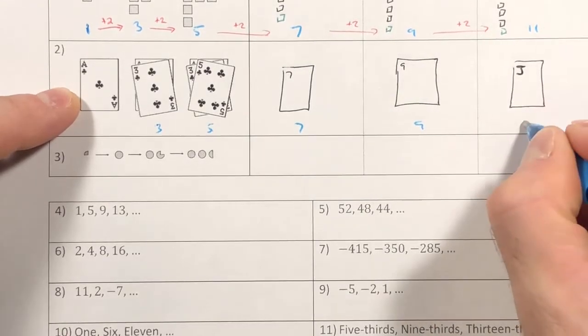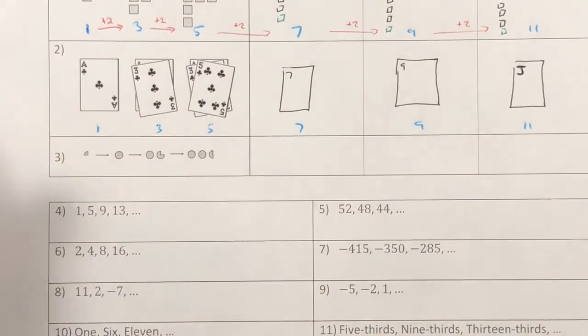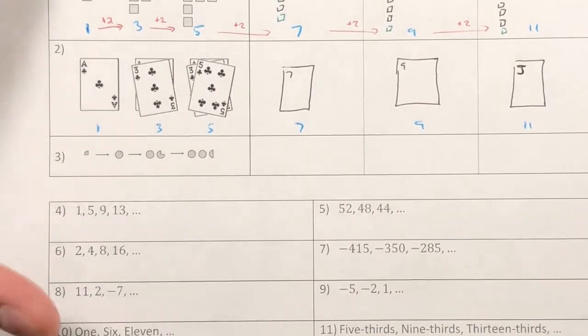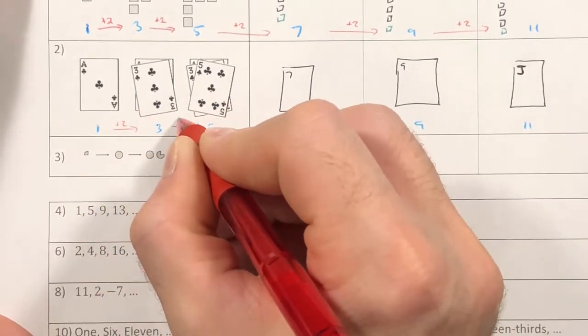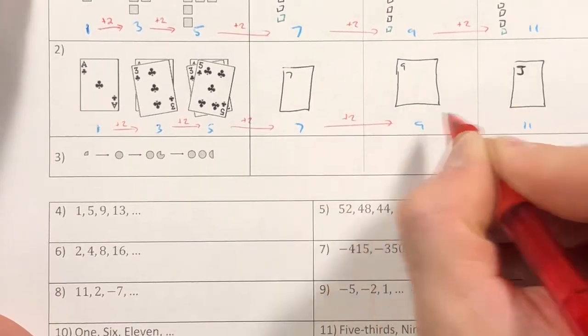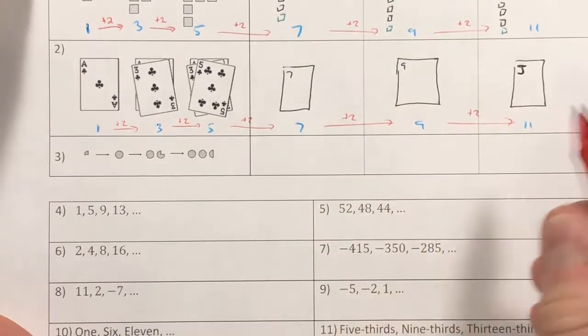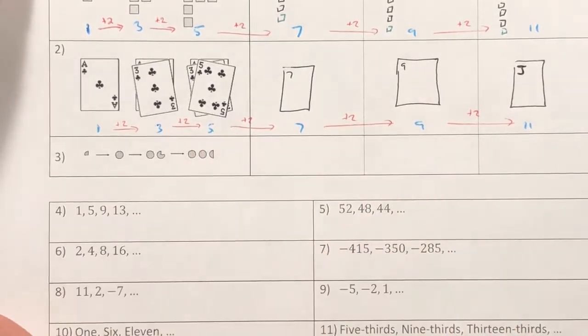So the jack is the 11th number in the sequence, and the ace is typically the 1st. So that gives us, again, the ability to look at what's going on between them. We're adding 2, adding 2, adding 2, adding 2, and adding 2. We can make a pattern as to what comes next based off this constant addition.